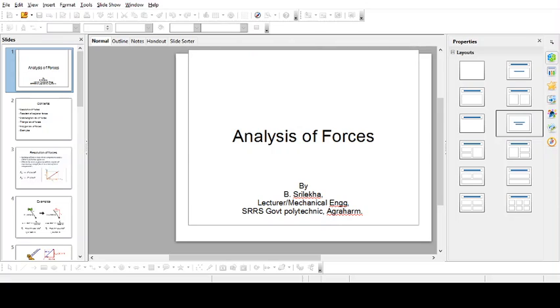Next, this resultant can be found by various laws. Out of those we have some laws such as the parallelogram law of forces, the triangle law of forces and the polygon law of forces.